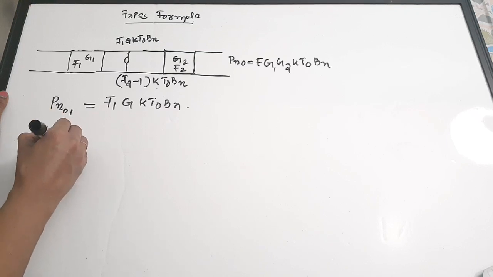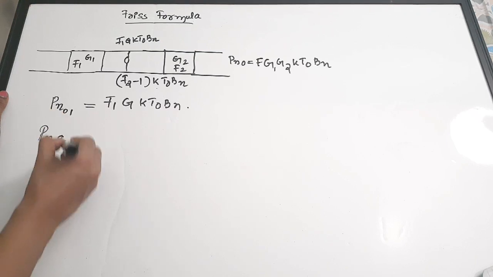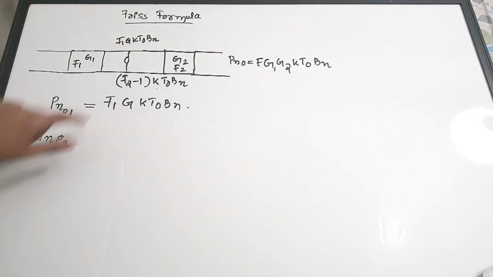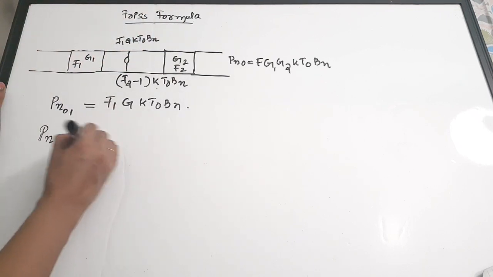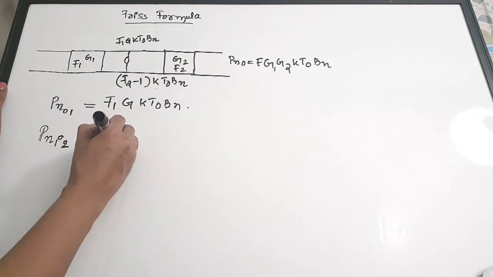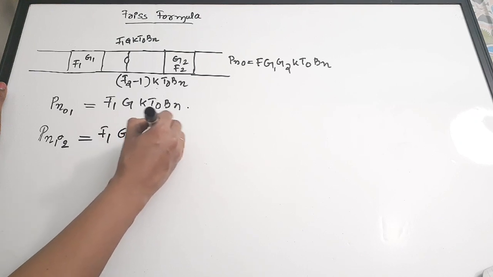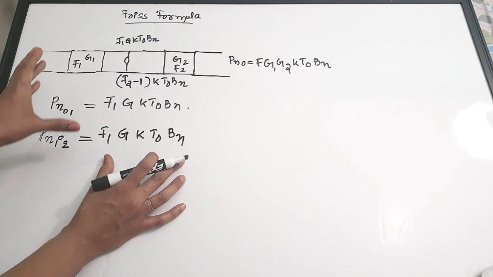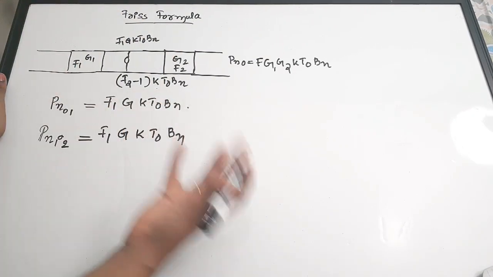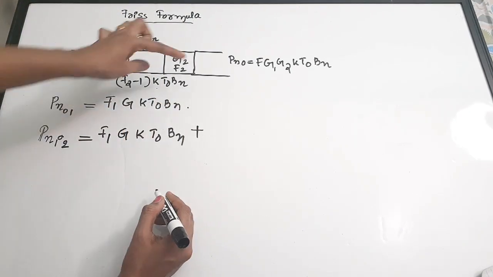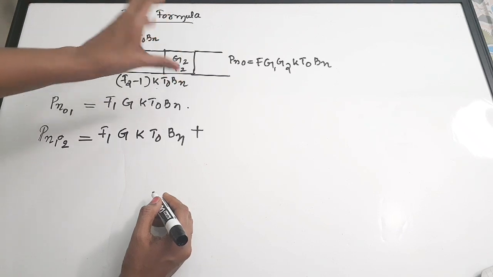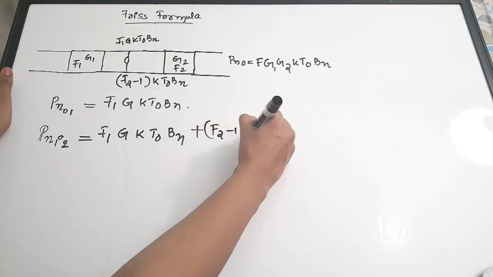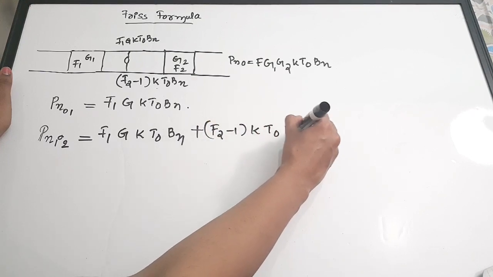So at the input side of this second stage, we have PNI2. Why is it taken as I? Because it is an input power. The input noise power at stage 2 will be the sum of these two. That is F1 G KT0BN, which is generated from the source, or coming from stage 1, either way you can think, plus the noise power generated by the second stage amplifier, that is (F2 - 1) KT0BN, right?